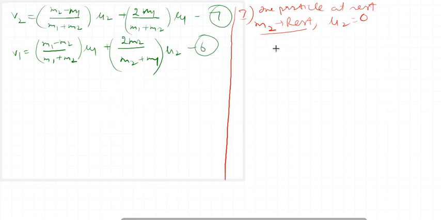So if M2 is at rest and U2 is 0, then this term vanishes, and this term will also vanish. If I put these values here, then I can write the value for V1, and V1 is equal to (M1 minus M2) over (M1 plus M2) into U2.